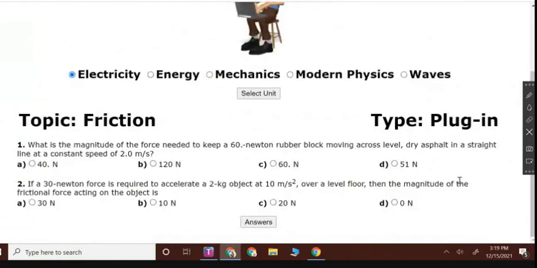A 30 Newton force required to accelerate.